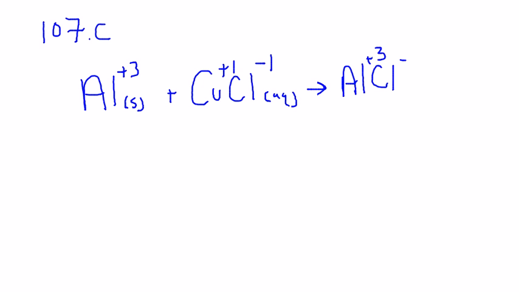Okay, because I know aluminum to have a +3 charge, that means I need 3 chlorides per 1 aluminum. So aluminum chloride and copper solid. Now also that aluminum chloride is in an aqueous state, plus copper. So that's my skeleton equation.